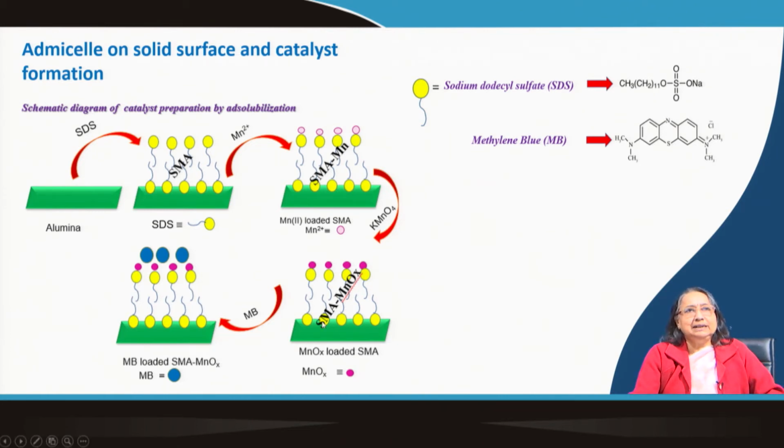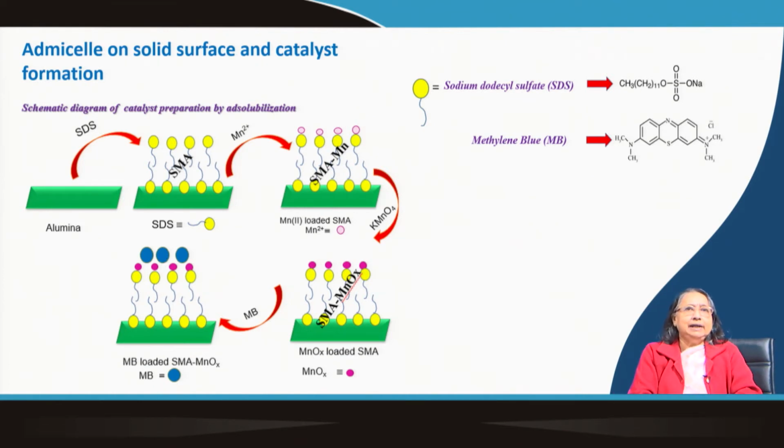Now, the important thing is that because the head group is negatively charged, and methylene blue is a dye which is positively charged, a cationic dye, this cationic dye will be adsorbed on this negatively charged head group. So, the catalyst is there as well as the dye. We will show you how the catalyst can degrade the methylene blue dye here in presence of H2O2.